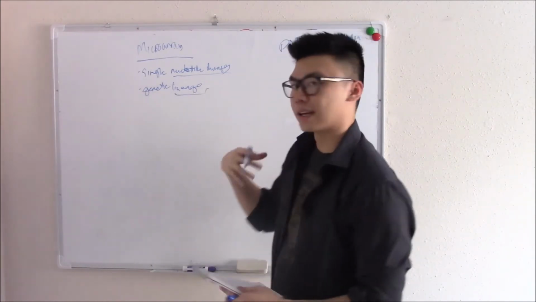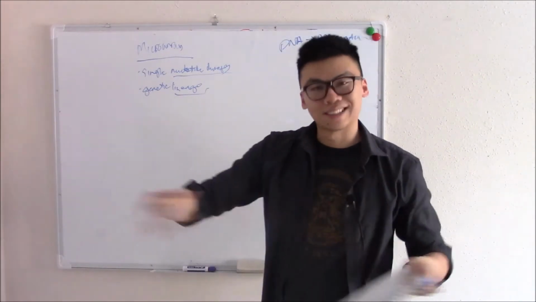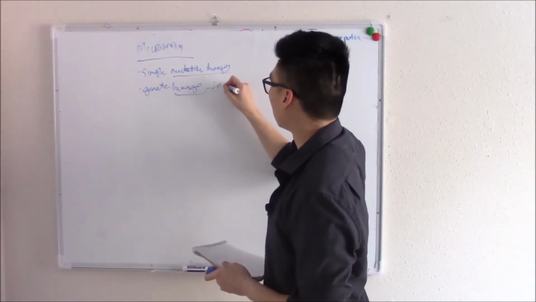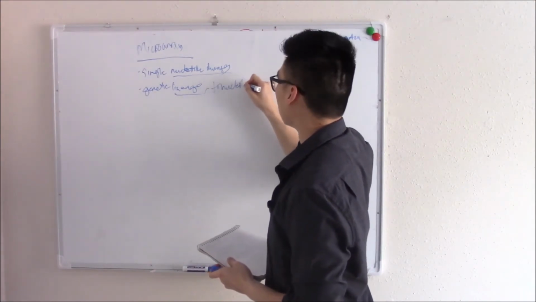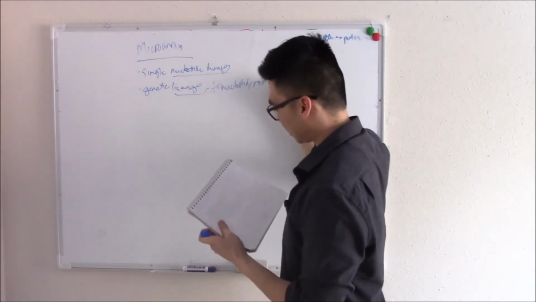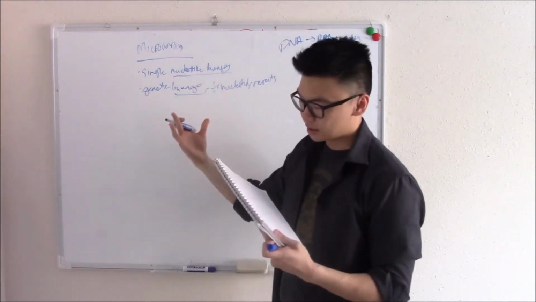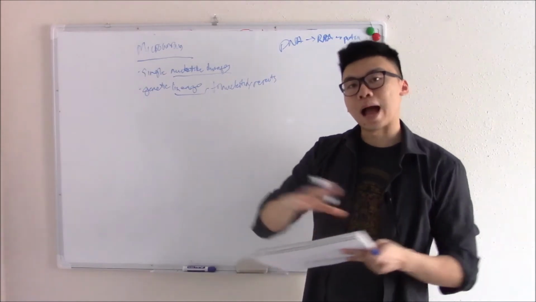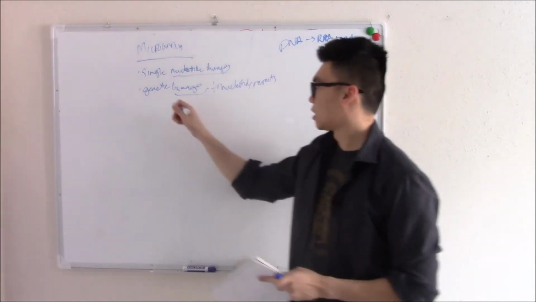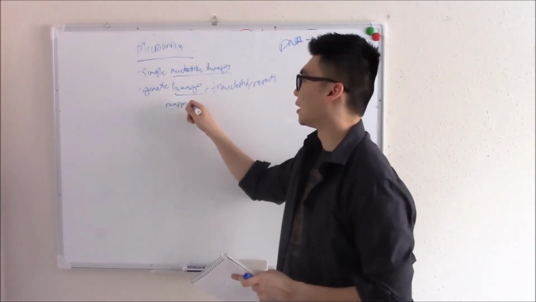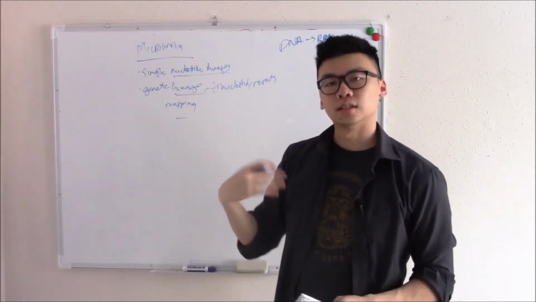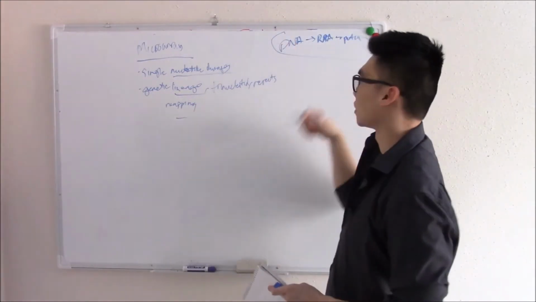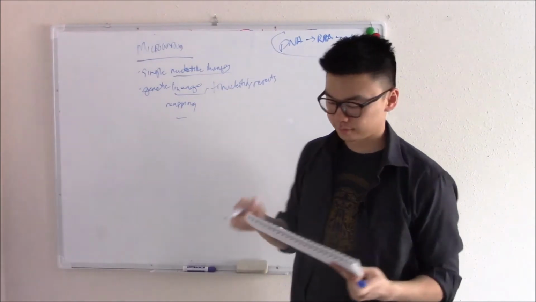Do you think things like trinucleotide repeats, where there's just 100 of these repeats, is small? No, you're going to need something bigger. So trinucleotide repeats, genetic linkages, you can look at things like genetic mapping if you want to map an entire genome. Mapping, these all use a ton of data, a ton of this. That's microarray.